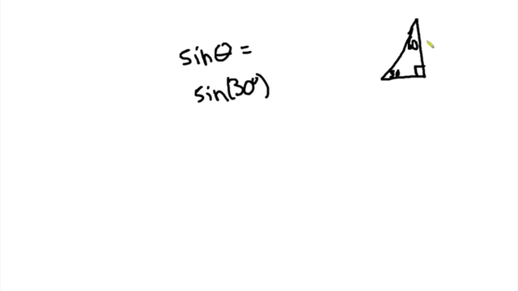So if this is 1, this is 2, and this is 1 radical 3, which then means that we can figure out sine of 30. Remember SOHCAHTOA: sine is opposite over hypotenuse, opposite 30 is 1, hypotenuse is 2, this equals 1/2.